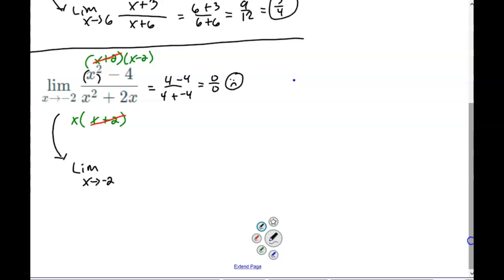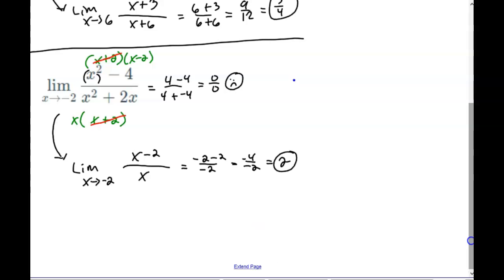The answer to the limit is going to appear if I just think of it as x minus 2 over x. Now direct substitution could work. Again, it's not always guaranteed. But now I'm going to plug in negative 2 for each x. We get negative 4 over negative 2, which is 2.